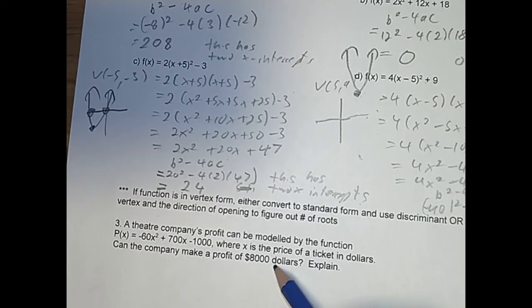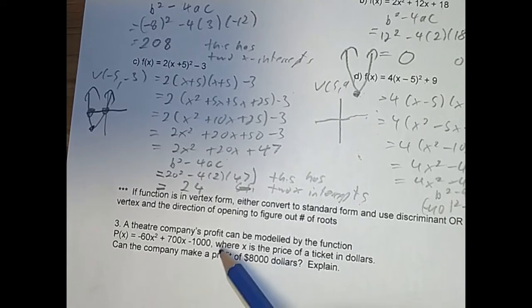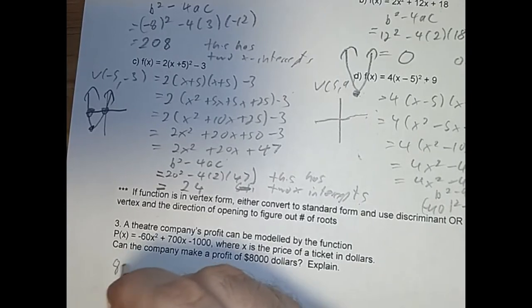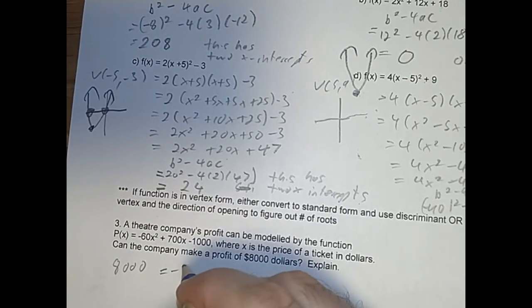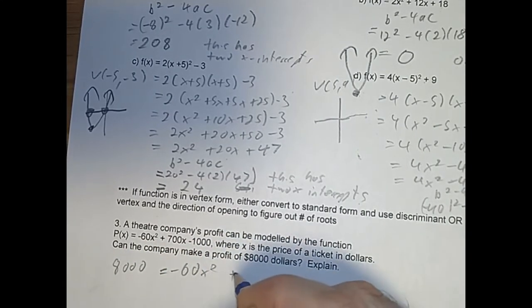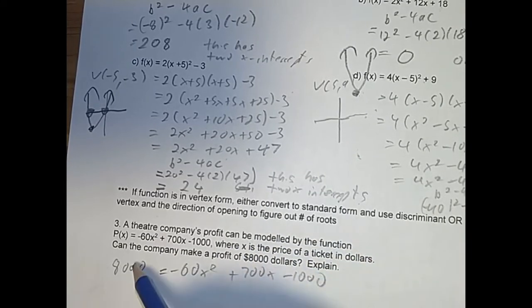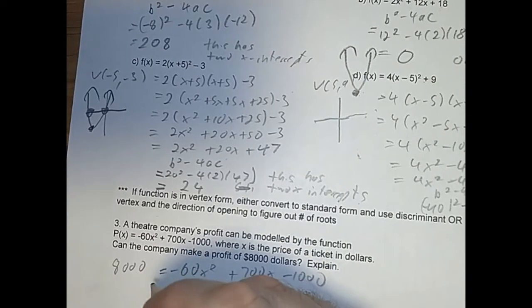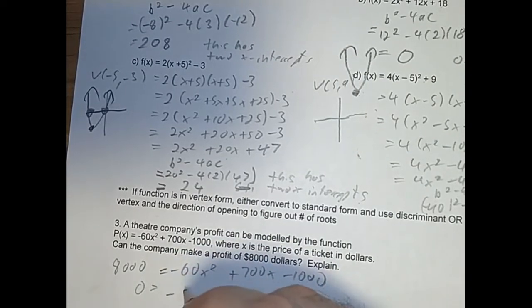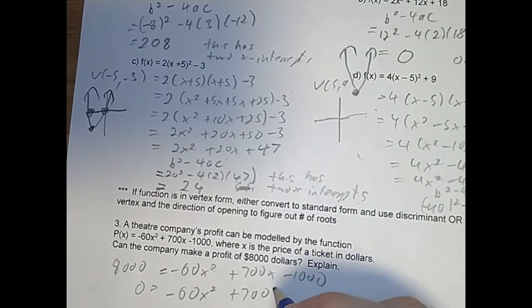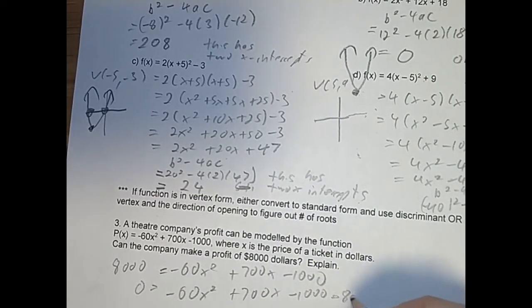So we got 8,000. Can the company make a profit of 8,000? We're going to put 8,000 in here. So 8,000 equals minus 60x squared plus 700x minus 1,000. We're going to bring that 8,000 over, so it's going to equal 0. So minus 60x squared plus 700x minus 1,000 minus 8,000.